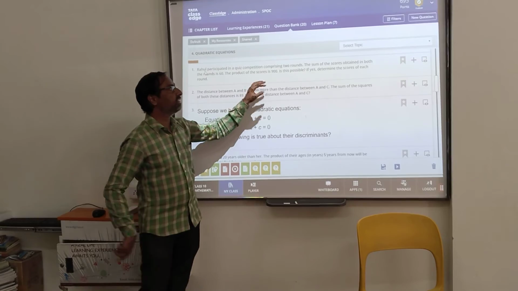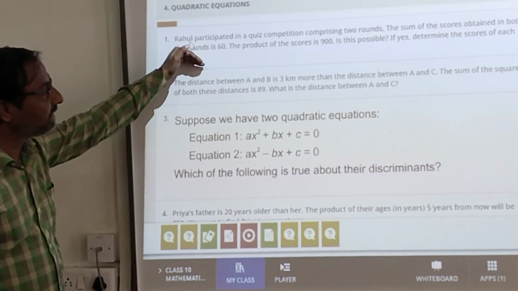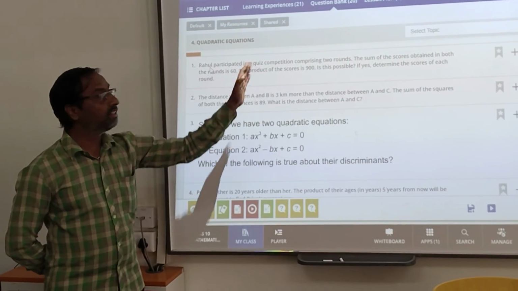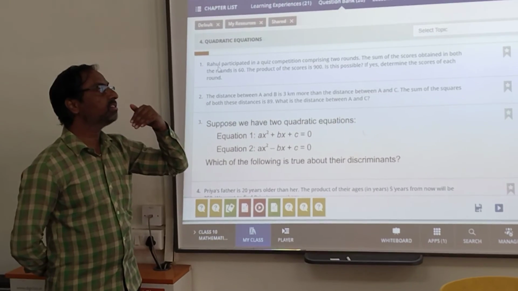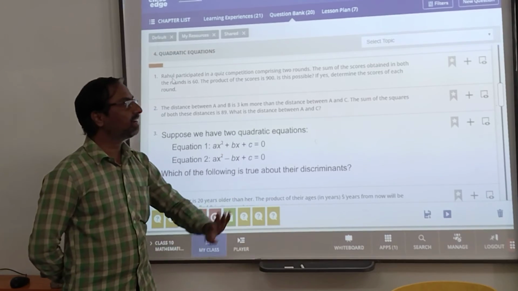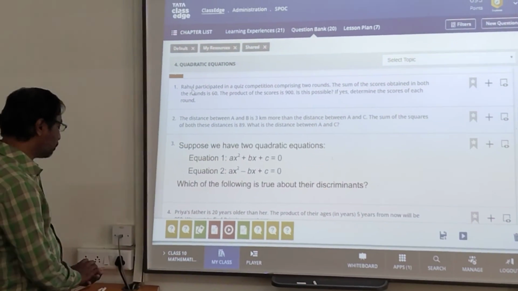If the D value comes negative, then the situation is not possible. So first we will convert this verbal problem into an equation. Later on, we'll check whether this situation is possible or not. And if it is possible, then we'll find those roots also.